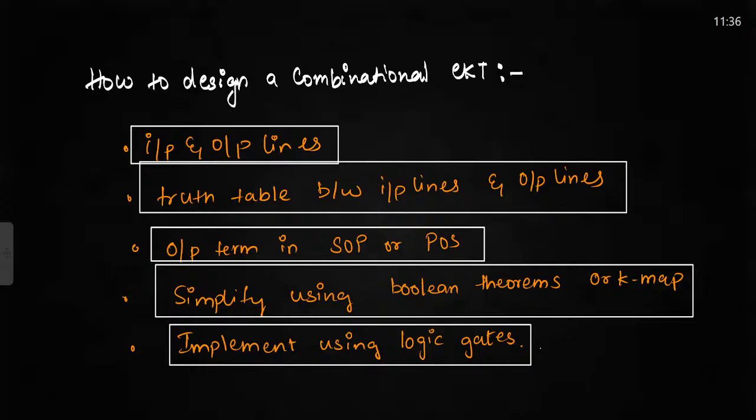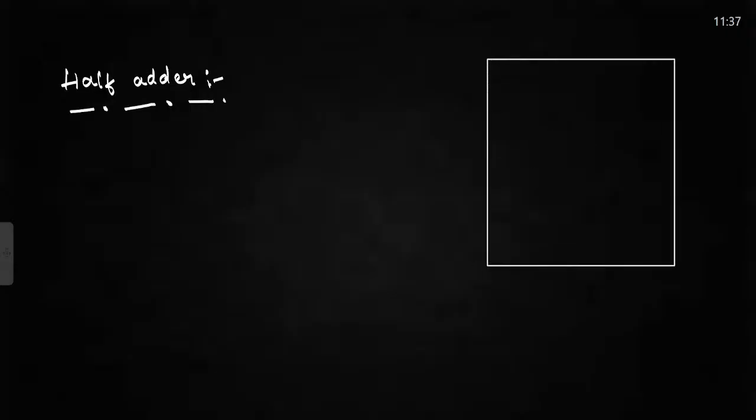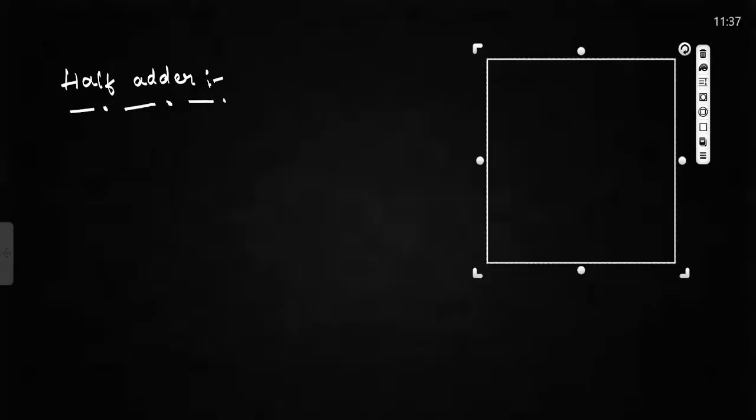So what is the first type of combinational circuit? That is nothing but the half adder. So what are my input and output lines?